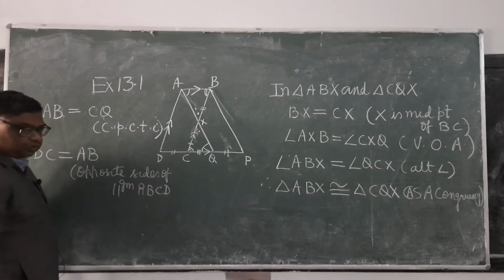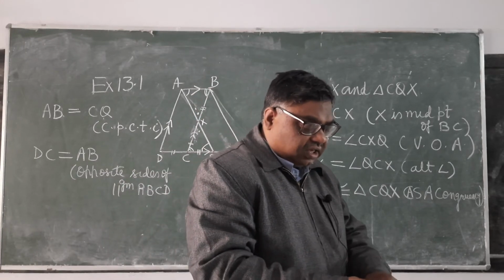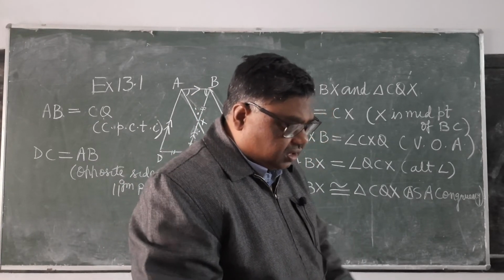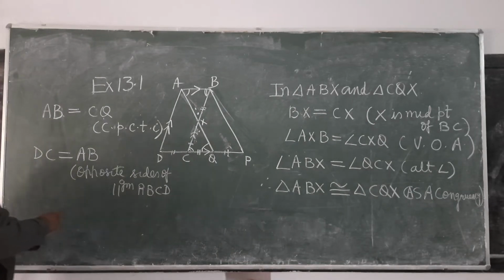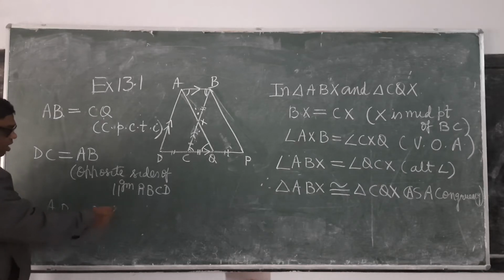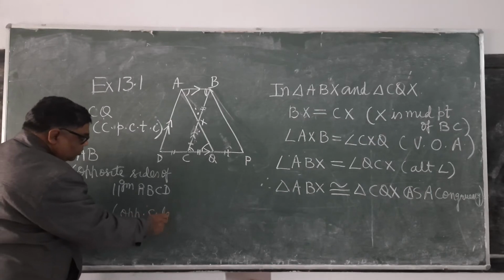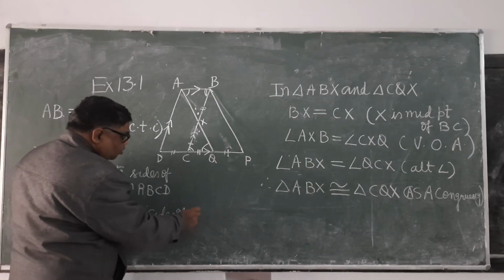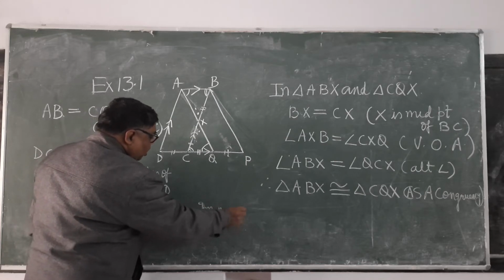These are the opposite sides of parallelogram ABCD. It is clear? Then you can see here AB is equal to PQ. Why? Opposite sides of parallelogram ABPQ.